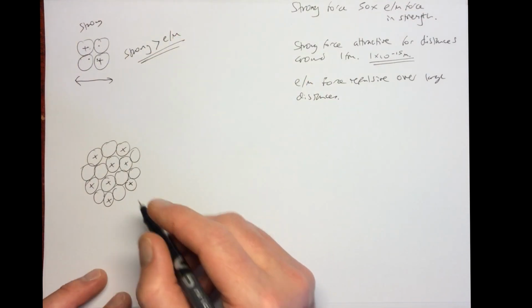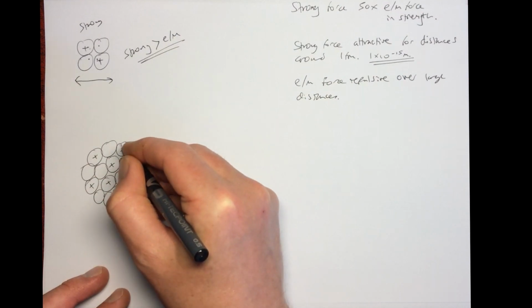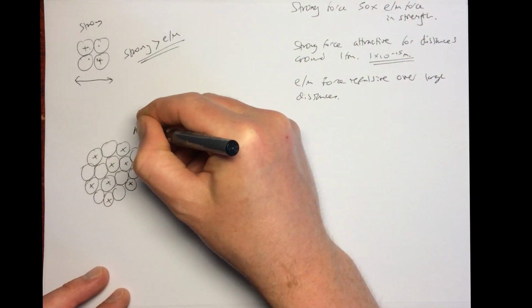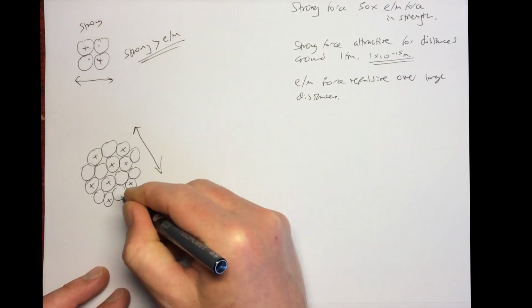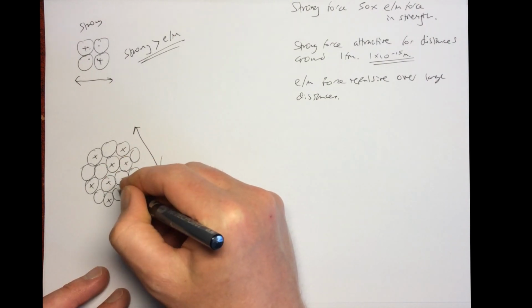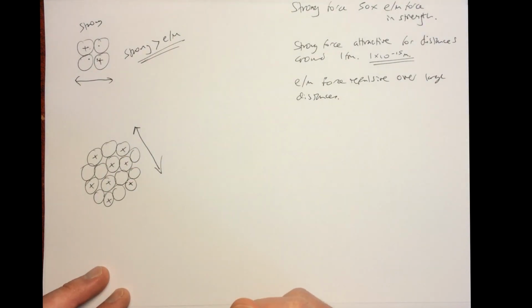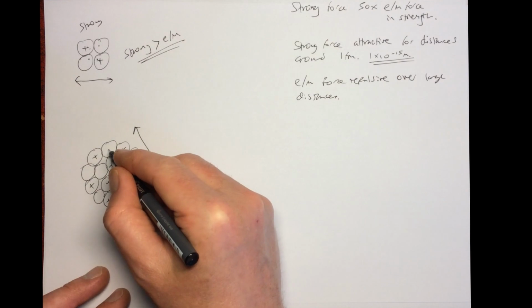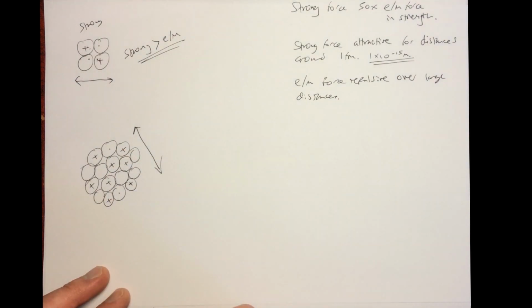Now, here's the issue. As the nuclei get bigger, the distance between nucleons at the extreme ends of the nucleus is greater. So that means that these 2 nucleons here experience a very small attractive strong force.